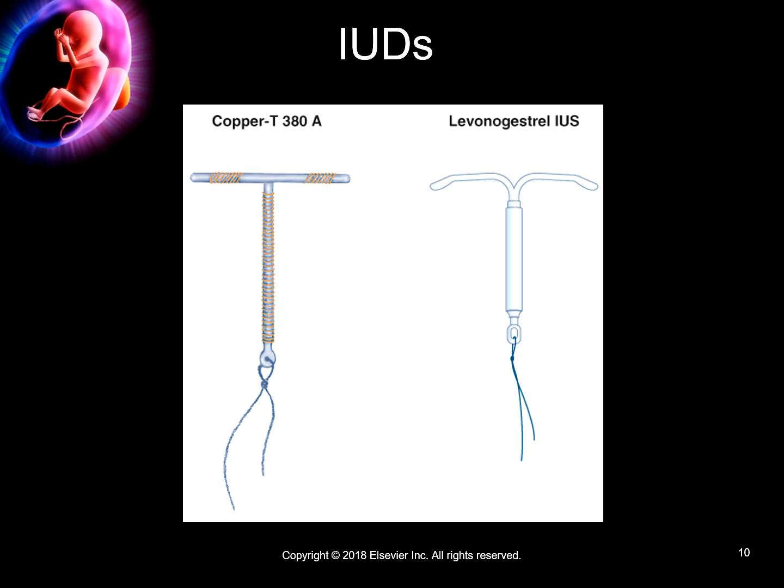The action of the IUD is that progestin is released, thickening the cervical mucus, and it does prevent sperm from moving up into the uterus and past the cervix. So the side effects can be cramping, increased bleeding during menstruation, and may be followed by amenorrhea.